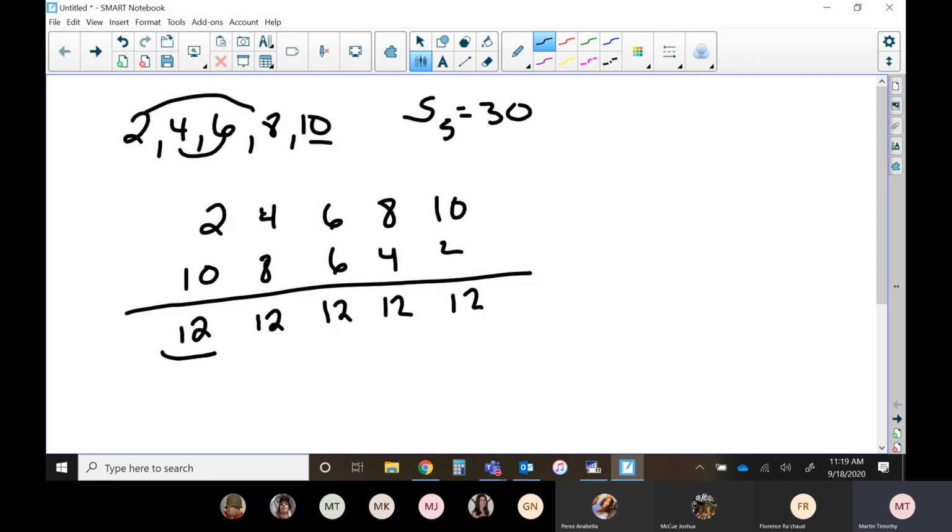You got this magic number 12 that popped up every single time. And how many times did that 12 pop up?